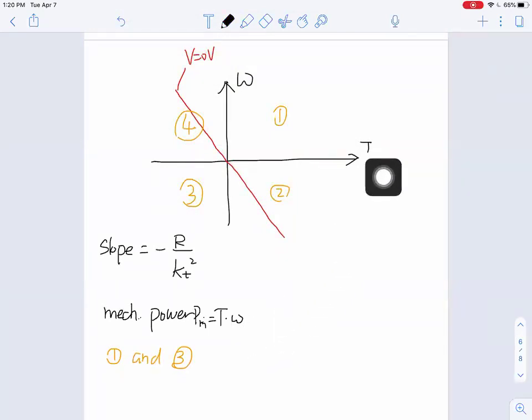So let's look at region 1. At region 1, we have both positive T and positive omega, so we're gonna have positive mechanical power. Same thing for this quarter here. We have both negative omega and negative torque. So at both 1 and 3, we're gonna have positive mechanical power.